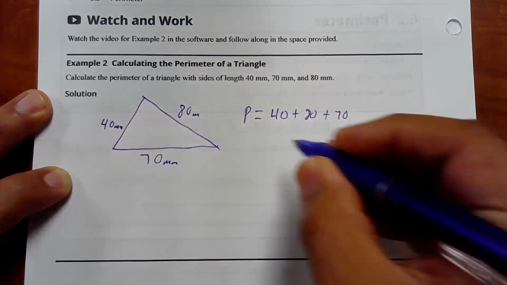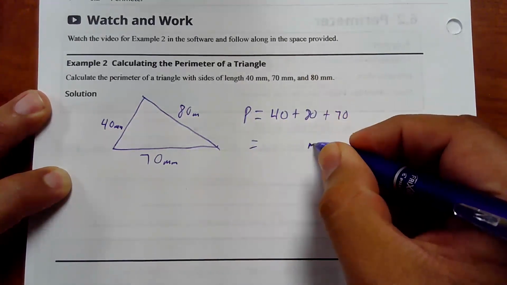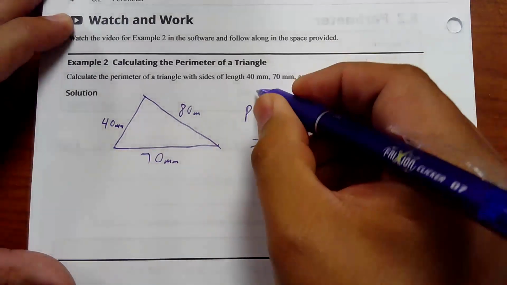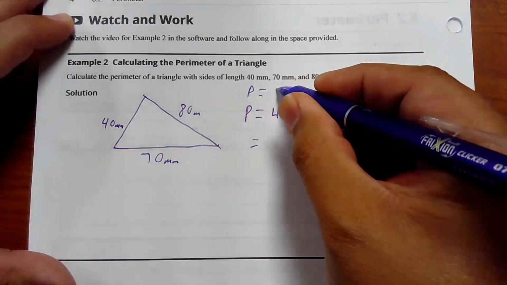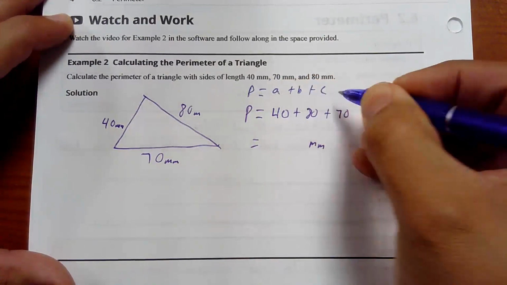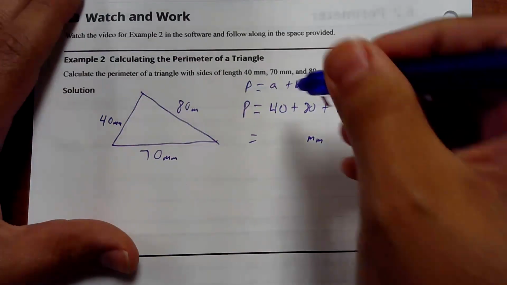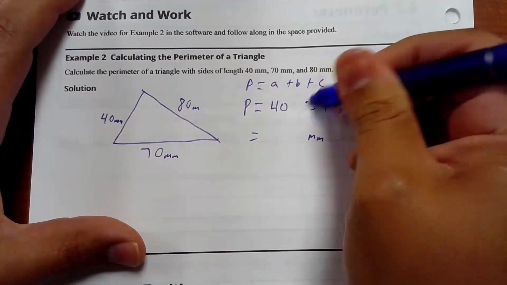It will be in millimeters. Forgot to write it. 40 plus 80 plus 70. Right. The formula is, add an extra note here, A plus B plus C, right? Let's add them up. I'm gonna put the millimeters because it bothers me.